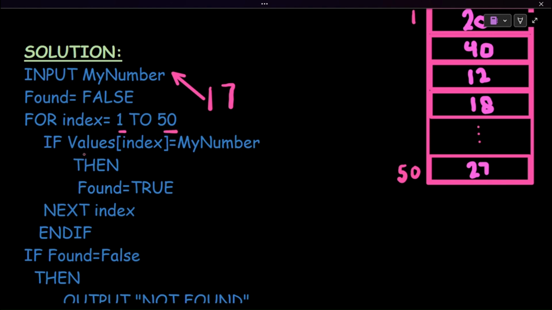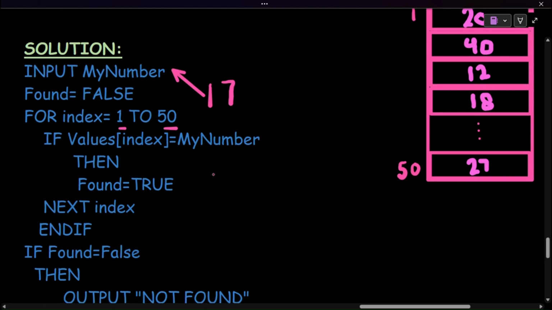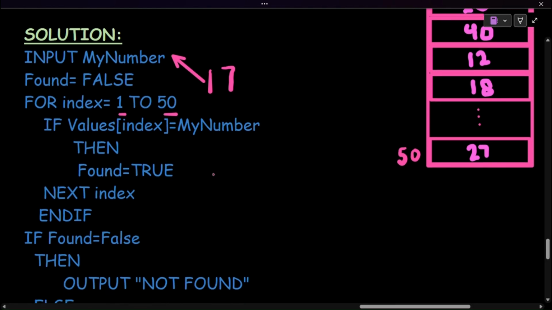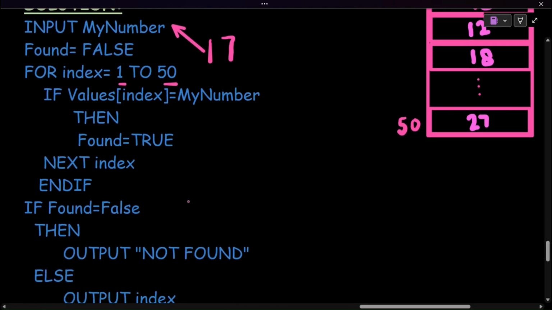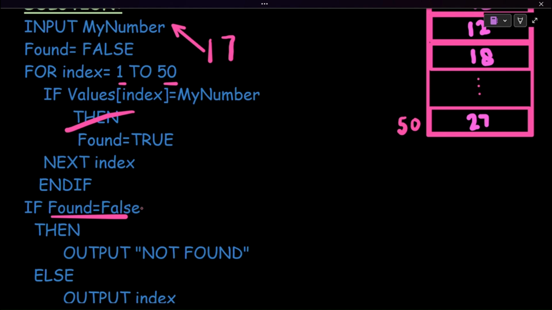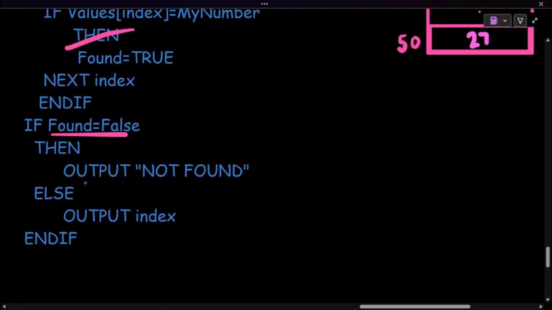Now it's going to check each index of the values starting from the first, second, third, and if it never gets the value that we were searching for, then the found will never update. It will remain false because this then will never execute, and then the user will get the output that your number was not found.